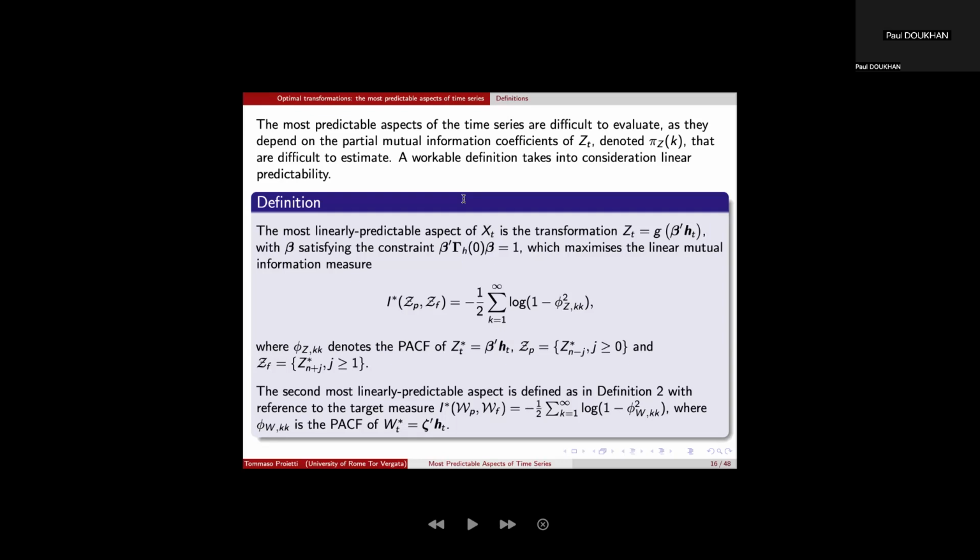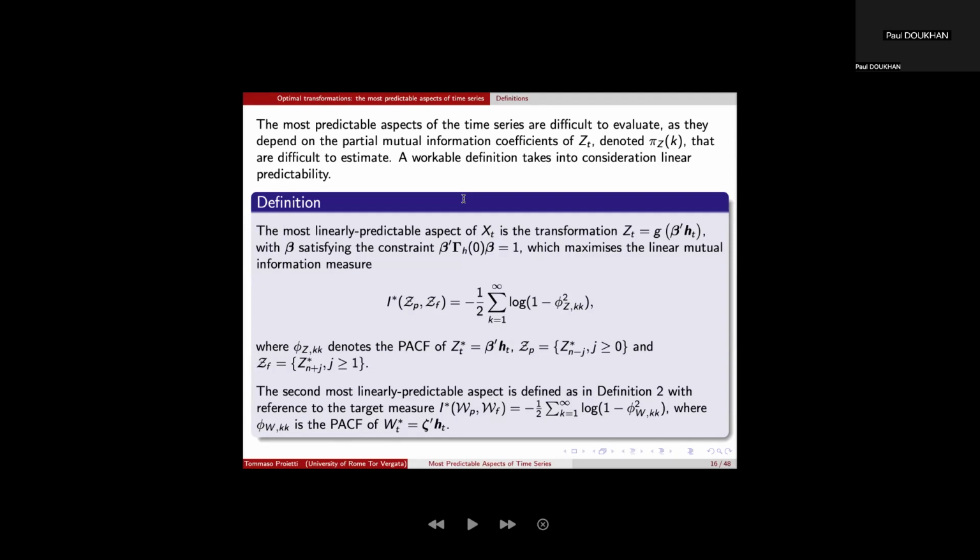The most predictable aspect of XT is this same transformation as before, but what the maximum now is, say, the linear mutual information measure, as if the ZT were Gaussian. So essentially, everything boils down to computing the autocorrelation, the partial autocorrelations of this process. So things will be much easier.